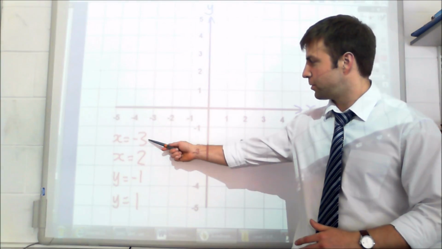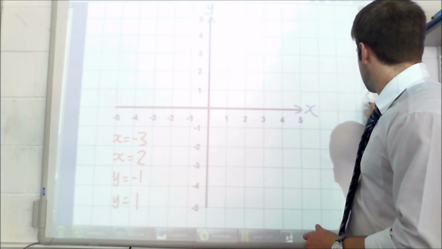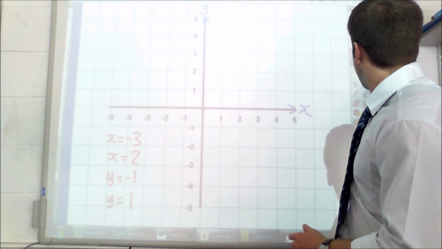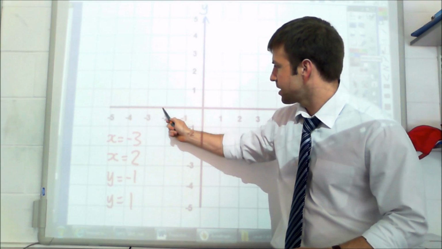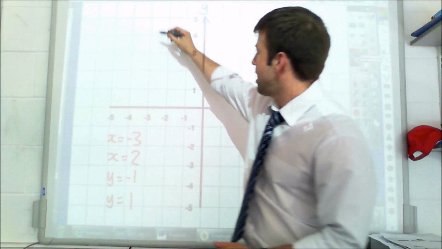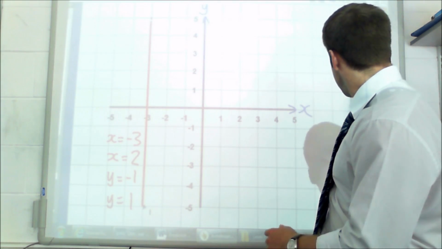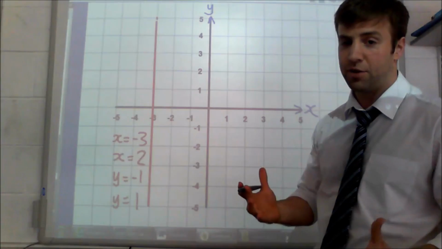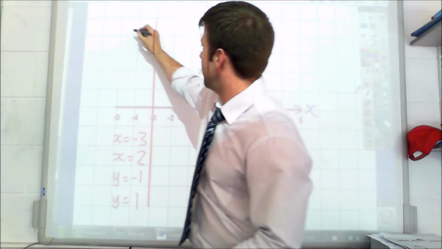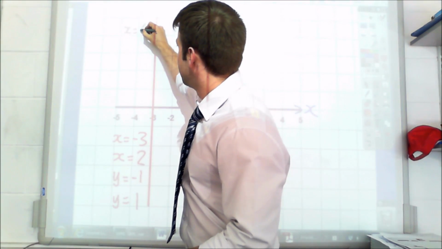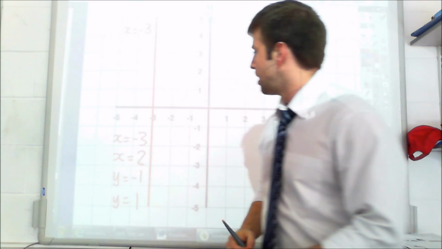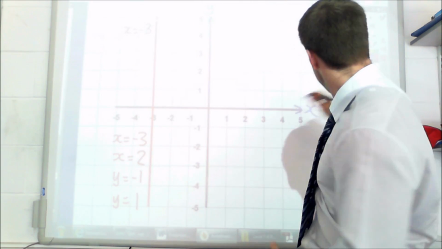Let's start with x equals -3. So we'll go across on the x-axis to -3 and we'll have a line straight down here. Now it's good practice to label any graphs you draw. So let's do that up here: x equals -3. Next one, x equals 2.